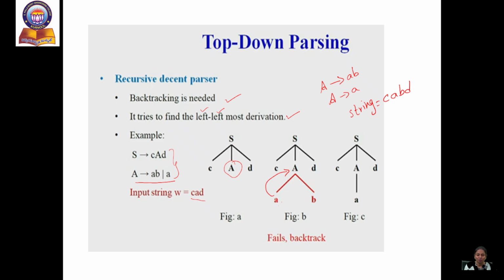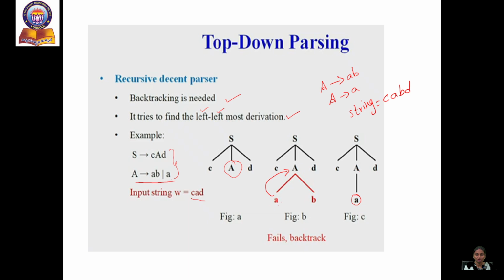So now it came one step backward and it chooses the next production that A derives, which is A. Now we can check the string. Here A is a terminal, so no further production substitution is possible. So we are stopping the elaboration of the parse tree.